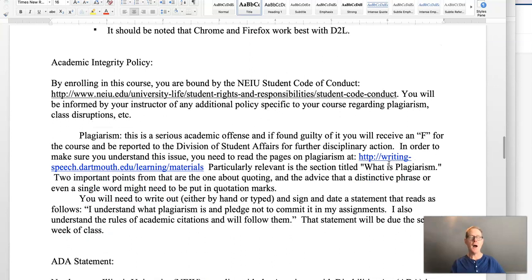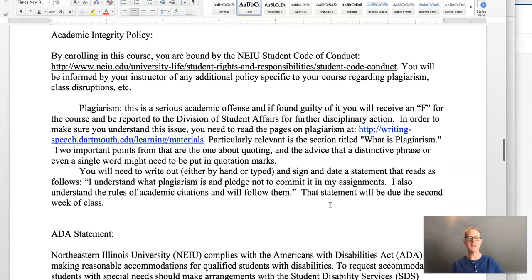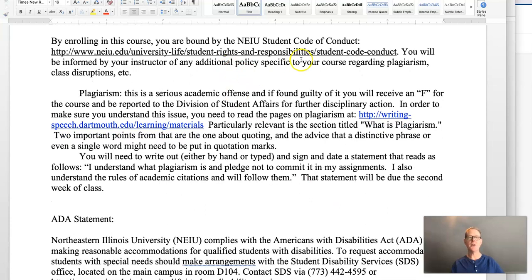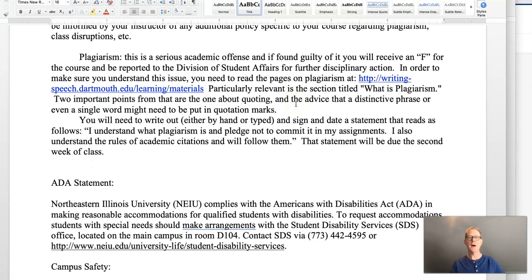All right. Academic integrity policy, I'll let you read this on your own, but Northeastern has a pretty strict academic integrity policy, which you can look at in that link. I also want you to read this other link. If you open up the syllabus on your website, you can read this link from Dartmouth, which has a section called "What is Plagiarism?" You need to read that.